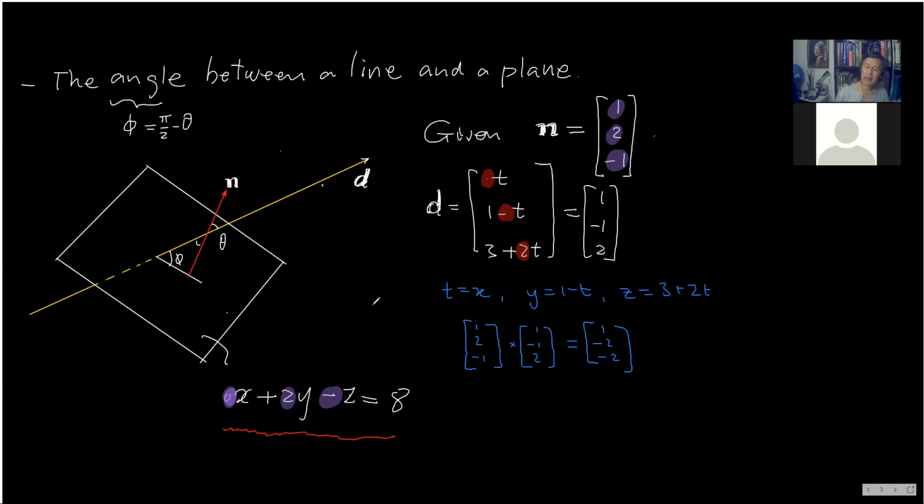If I use the cross product or the dot product? The dot product. You wouldn't get a vector, you get a scalar. Let me just remind you.